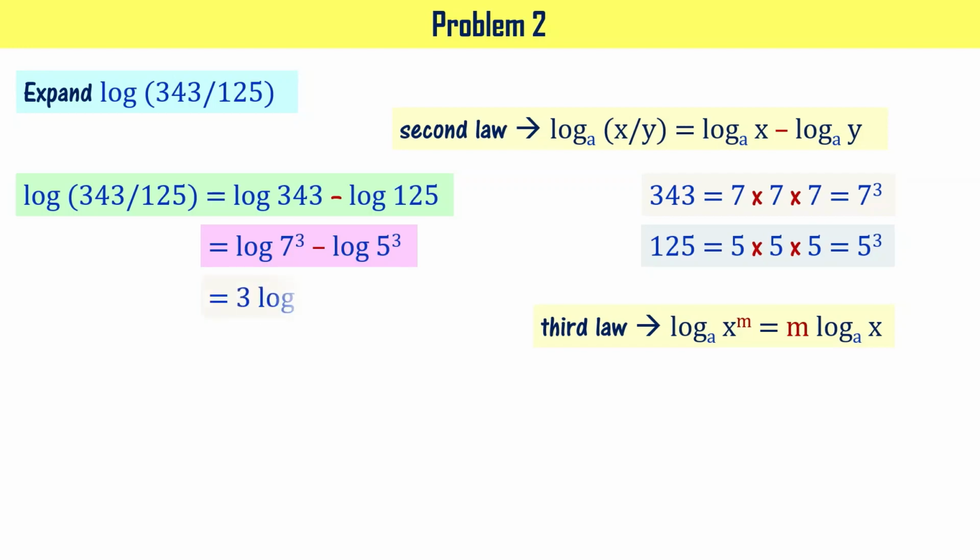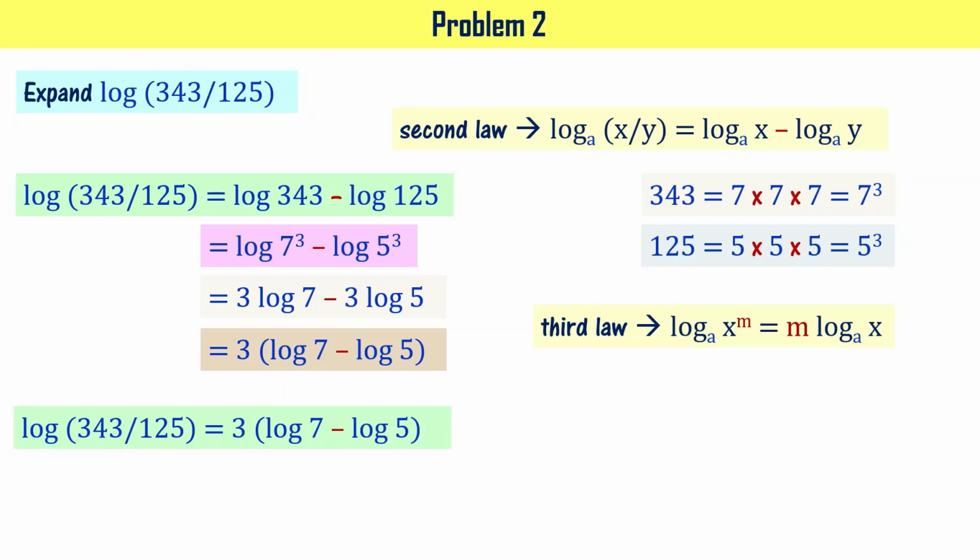So let's write that now. 3 log 7 minus 3 log 5. So I can take 3 as the common factor out. When I do that, I can write it as 3 times log 7 minus log 5. So to answer the question, log of 343 divided by 125 equal to 3 times log 7 minus log 5. I hope you understood this problem.